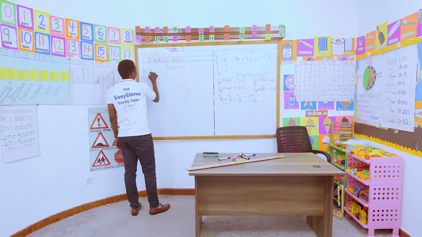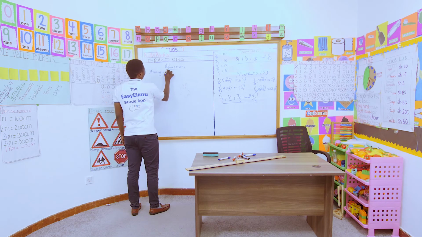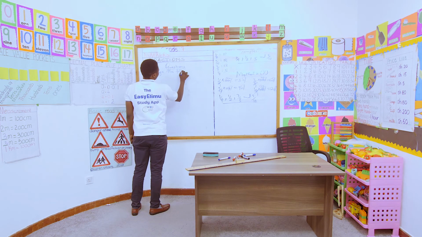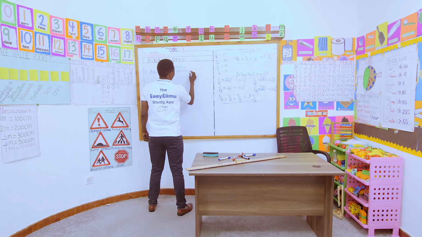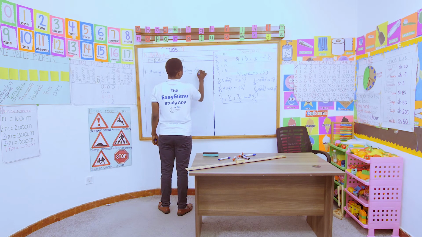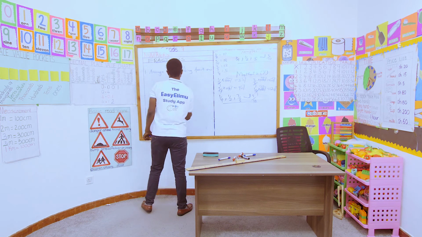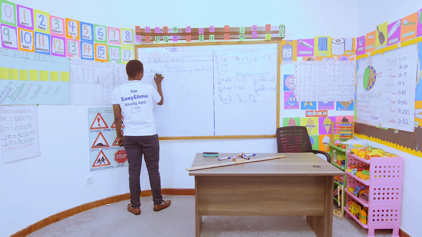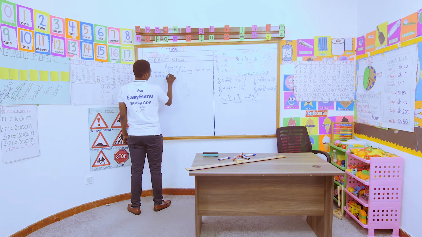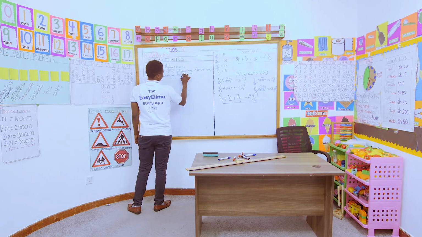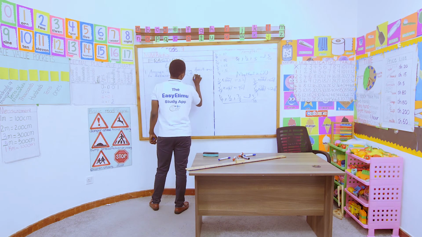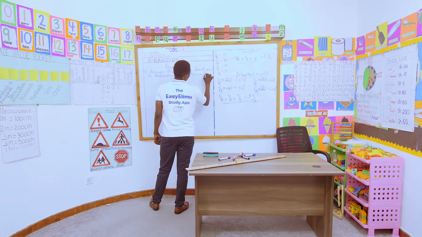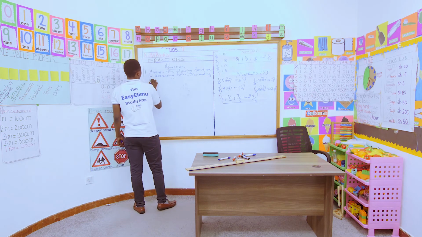Number 1: arrange the following fractions in decreasing order. Decreasing order in this case is the descending order.